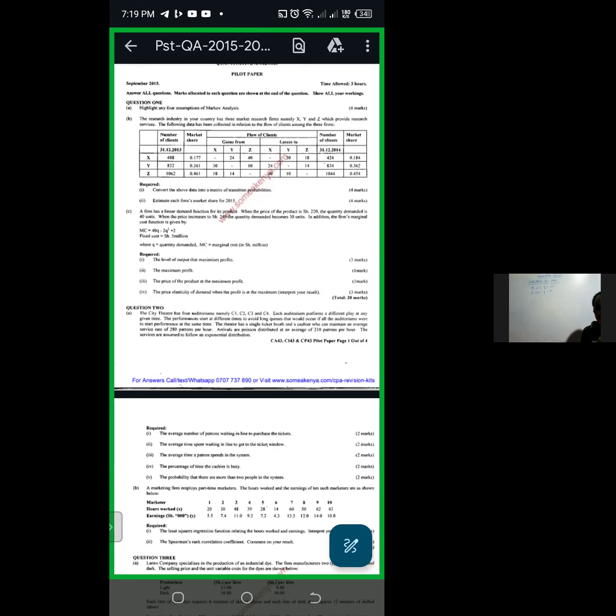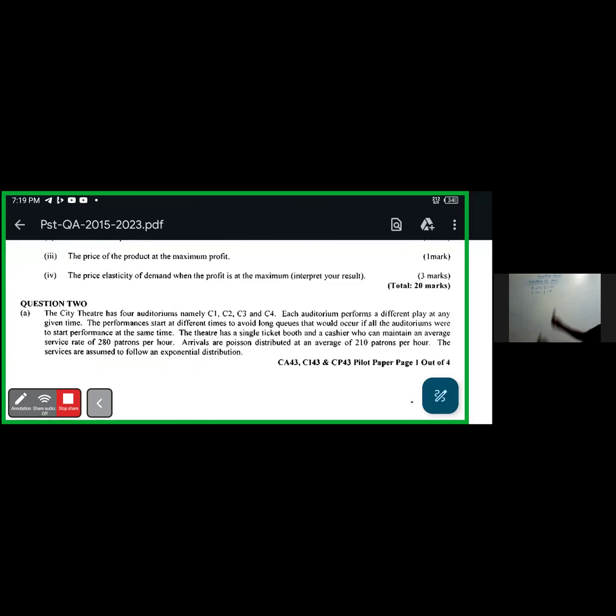You are supposed to formulate price as a function of Q, which we have said is our demand. So we need to find the demand, which is P equals A minus BQ, meaning price as a function of quantity. Let us start with the first one.